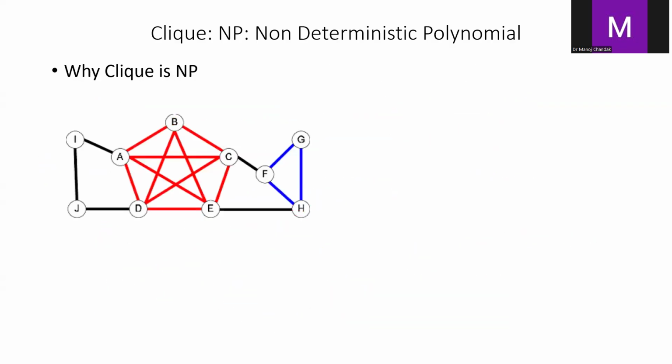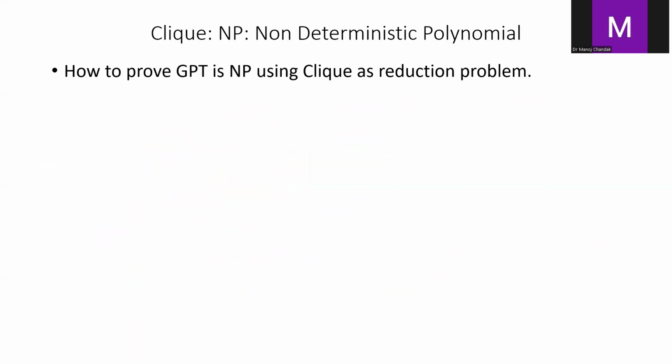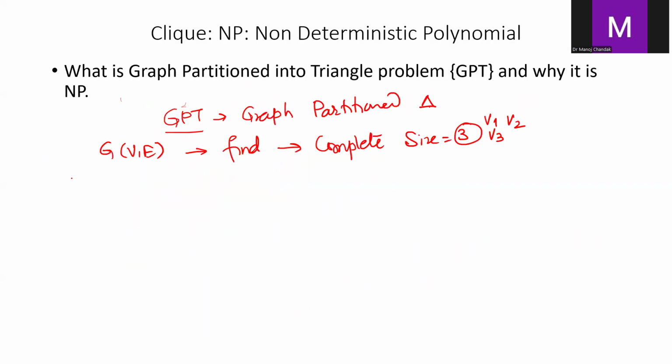For example, in this graph, there are many such subgraphs which are of size 3 and which are complete in nature. For example, ABC. Why this particular problem falls in the category of NP is that for a very large graph, finding such a solution will take a very long time, but once the solution is generated, its verification can be done in fixed time.